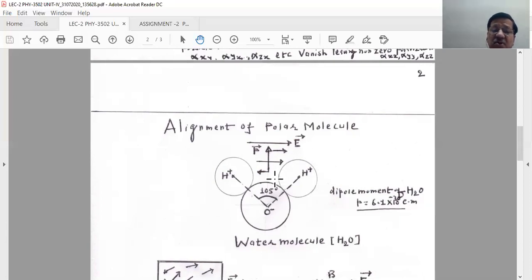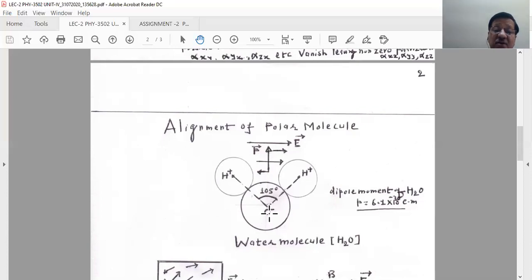Since the molecule is bent at 105 degrees, the negative charge appears at the apex here, and exactly opposite to the negative charge you have the positive charge accumulated towards the hydrogen side.